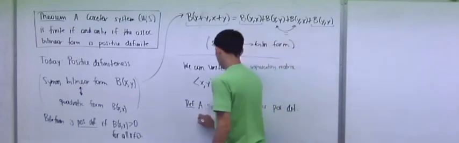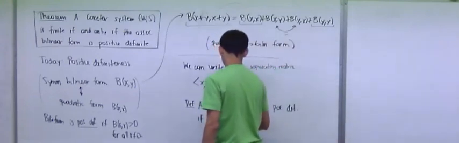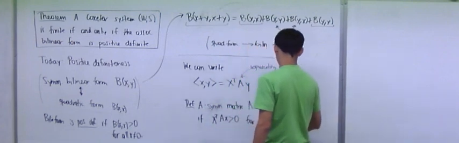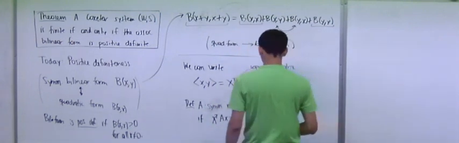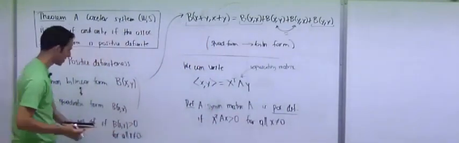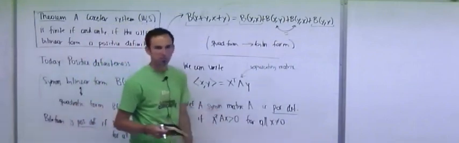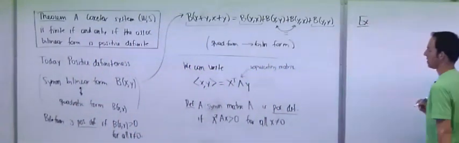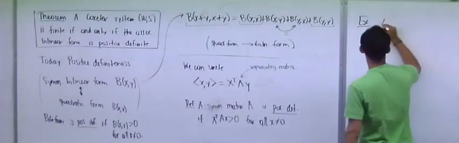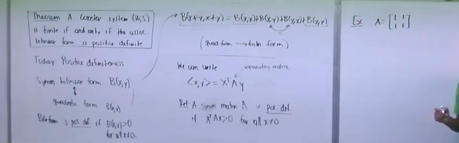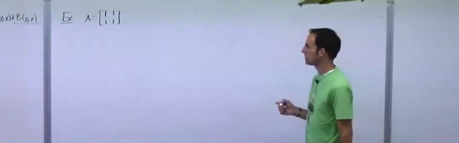So if this is positive for all x different from 0. Okay. So I'm making the same definition, but here it's in terms of the bilinear form, and here it's in terms of the matrix. So what's an example, let's take some matrix. Here's a very simple matrix. Okay. And let's figure out if this thing is positive definite or not.